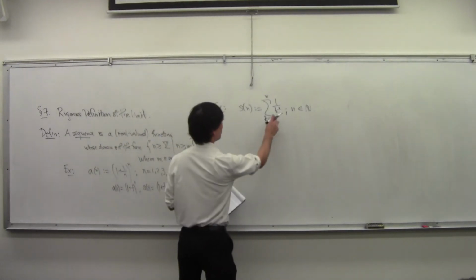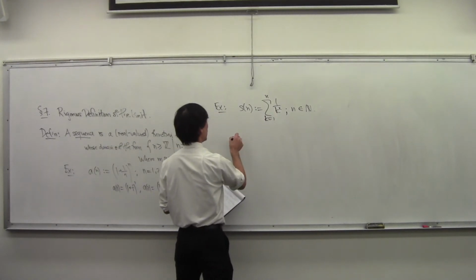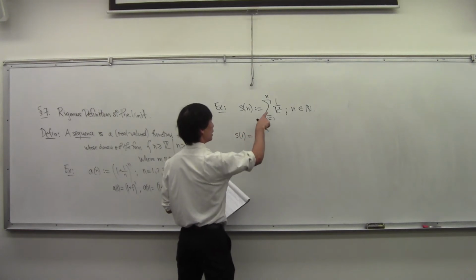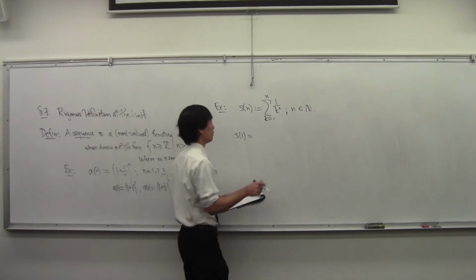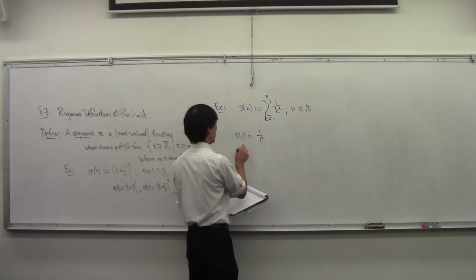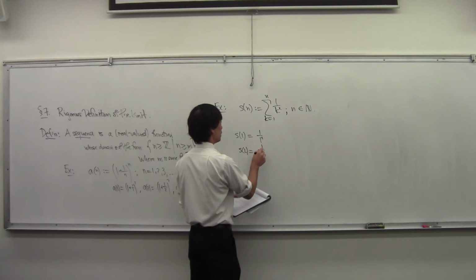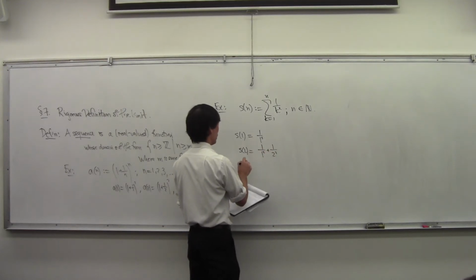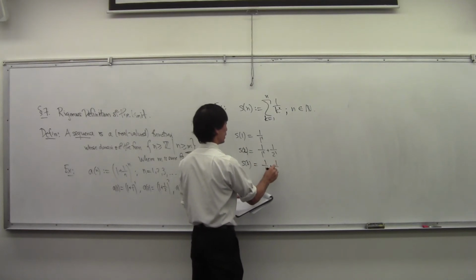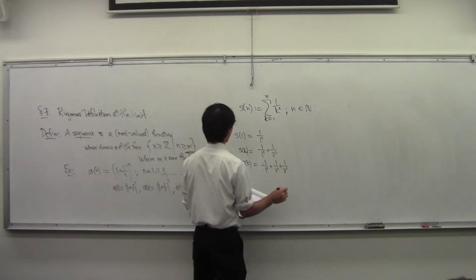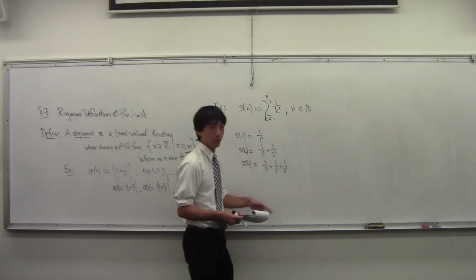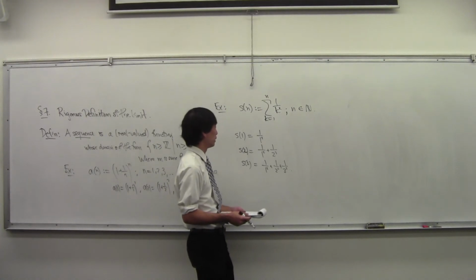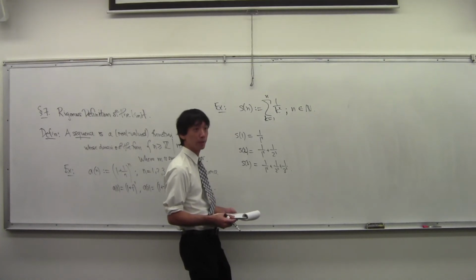So S1 is going to be the sum of the reciprocals of squares from 1 to 1, so it's going to be 1 over 1 squared. S2 is going to be 1 over 1 squared plus 1 over 2 squared. S3 is going to be 1 over 1 squared plus 1 over 2 squared plus 1 over 3 squared. So it's the sum of reciprocals of squares up to that nth element.